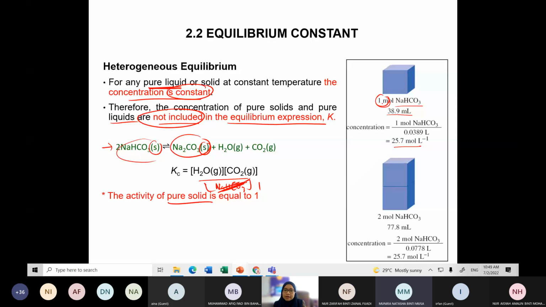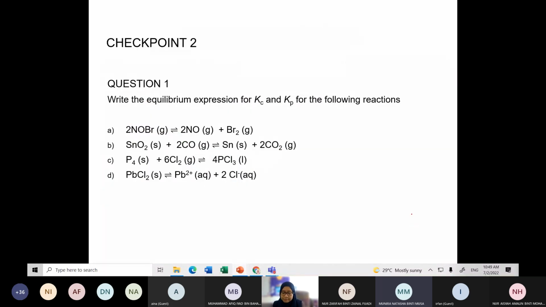Okay, if you were to calculate for 2 mole of sodium hydrogen carbonate, you calculate 2 mole, and this is the volume of sodium hydrogen carbonate. As you can see, bila the mole increases, the volume also increases. And then when you try to calculate the concentration, see, you will still get the same concentration there.